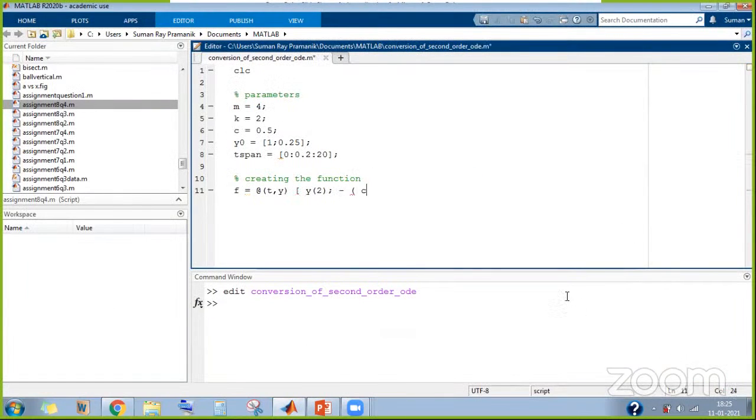Because c is already a constant, we will not be using the dot multiplication, just simple multiplication, and divided by the mass. So we have initialized our function. Now we will be solving the equation.